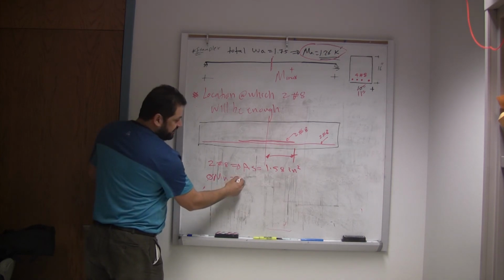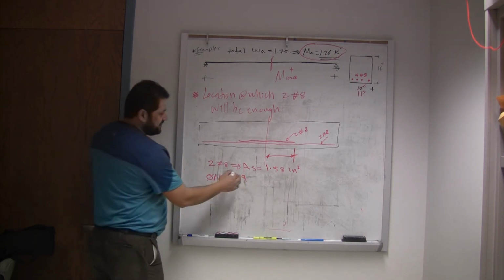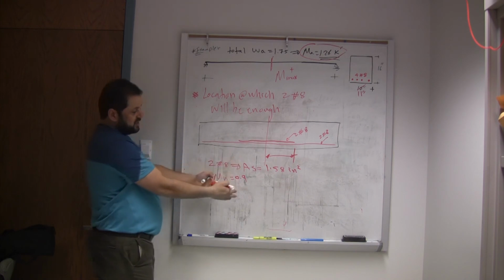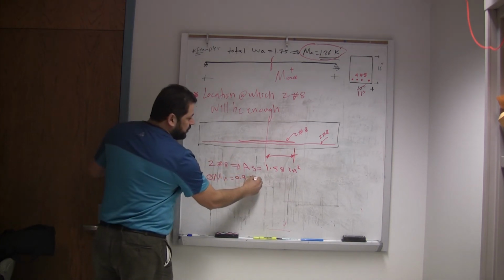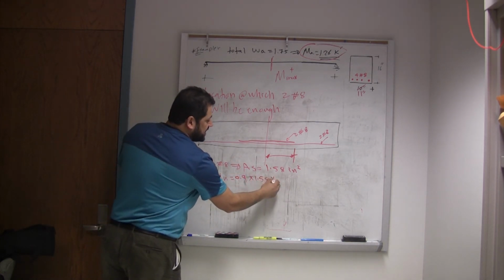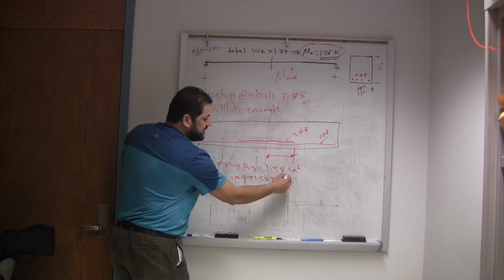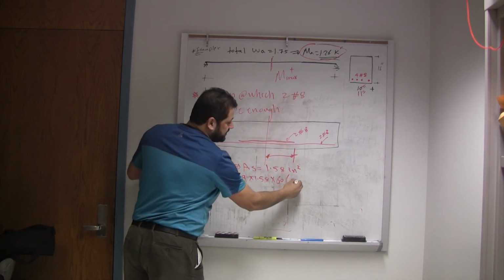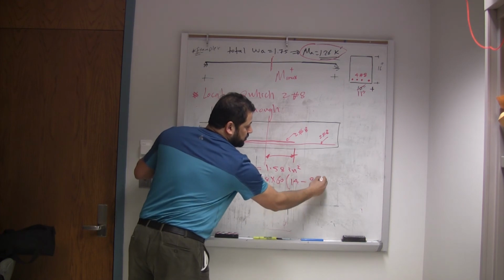Phi for sure will be 0.9, because for number 8 it was 0.9, times 1.58, times Fy 60, times d, which is 14, minus a over 2. And what's a?